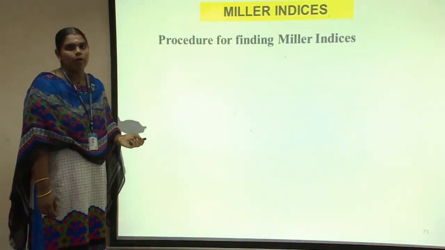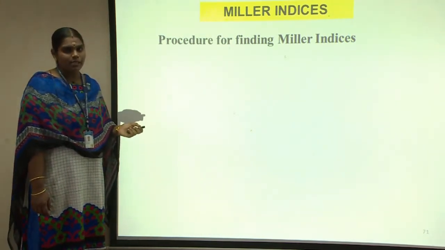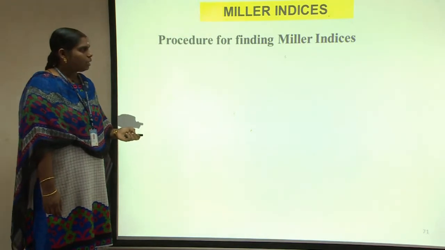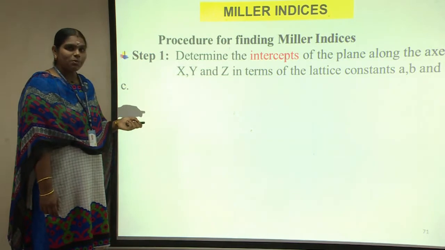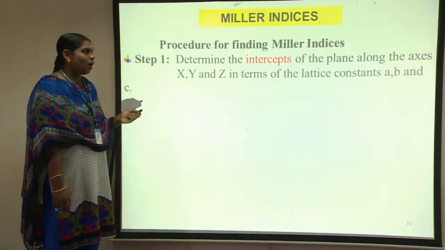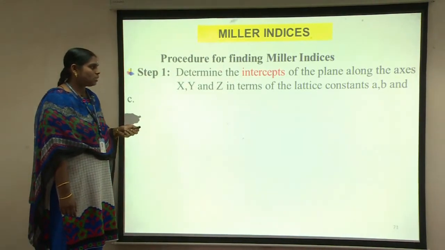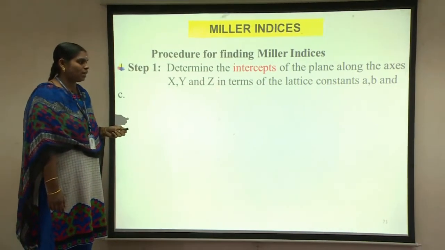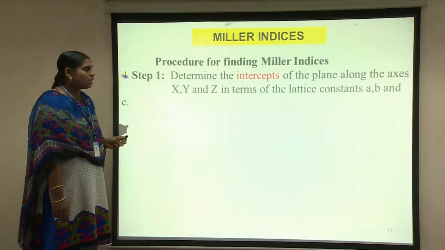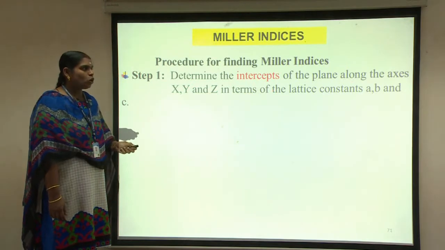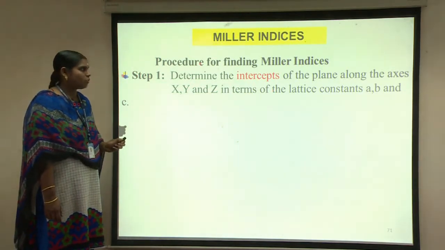What is the procedure to find the Miller indices? If you want to find the Miller indices, a set of 3 integers, the first and foremost thing is to find the intercepts made by the plane along the 3 axes. As we know, x, y, z are called the crystallographic axes, and the intercepts have to be represented in terms of the lattice constants a, b and c. This is the first step.